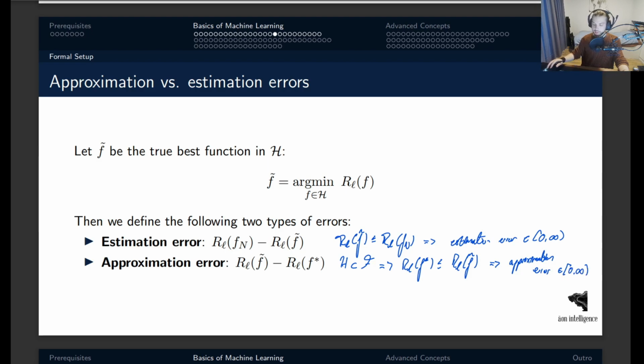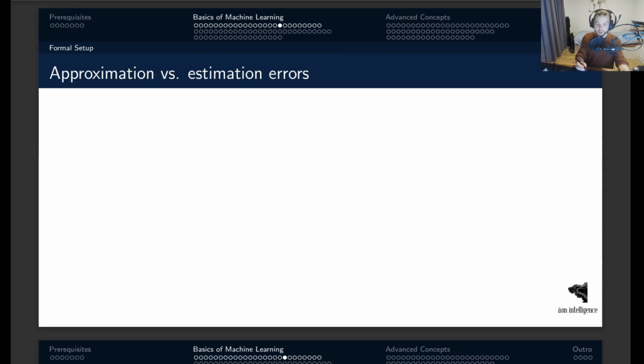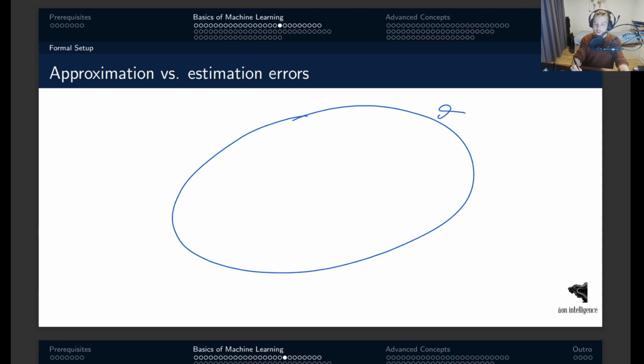So at this point, I think it makes sense to visualize this. We have the set of all possible prediction models F, and within that set, there's the set of prediction models that our algorithms can possibly find. Within these two spaces, there are three different functions of interest.